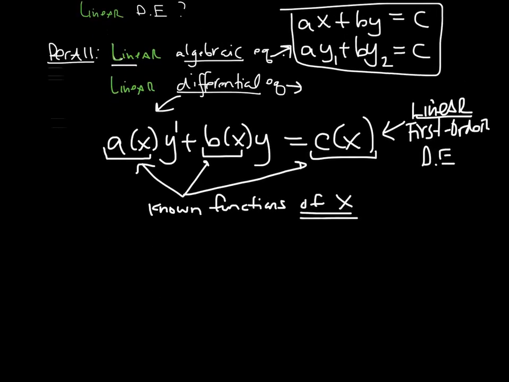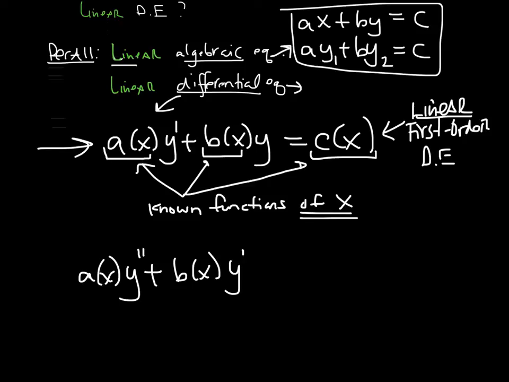We're going to be talking about higher order differential equations, not in this section quite yet, but let's go ahead and write the second order because it's actually not that hard. If this is the first order, a second order has the highest derivative being 2. So let's say a of x, y double prime, plus b of x, y prime, plus c of x, y equals d of x. I chose a, b, c, d; it could be e, f, g, h if you want.